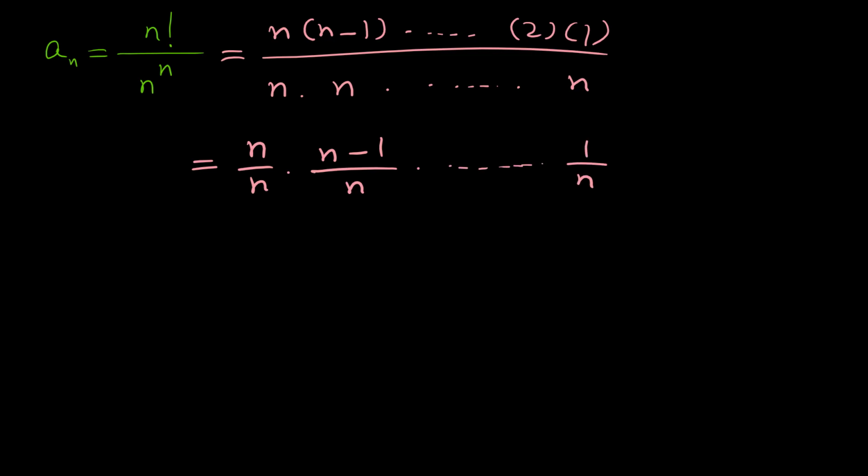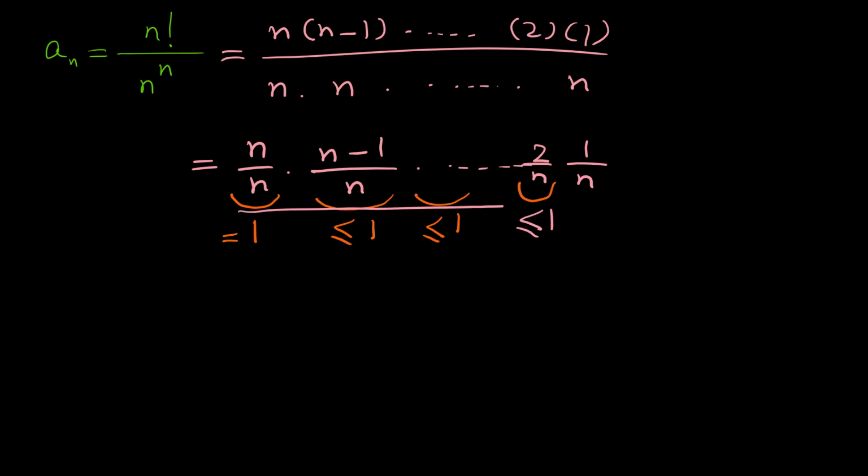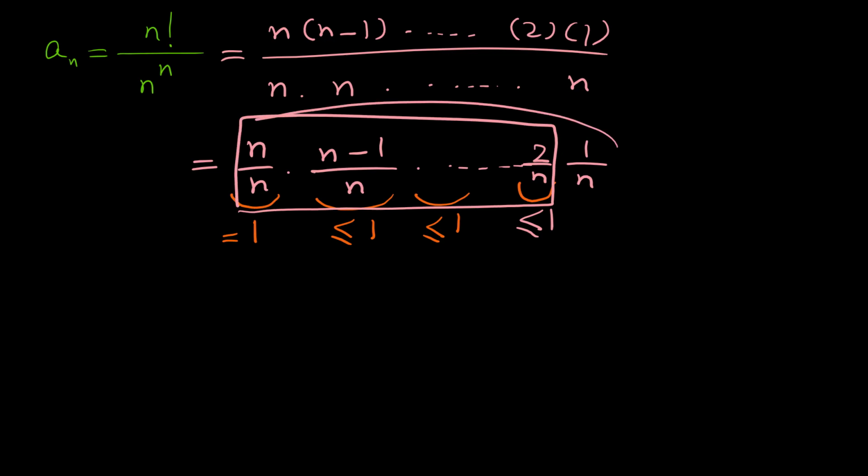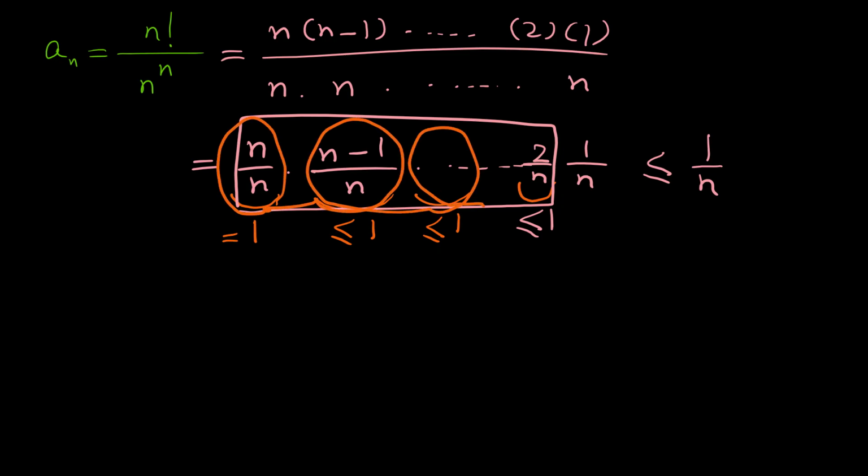If you pay attention, the first fraction is equal to 1, but the next fraction is less than 1. The next one is less than 1. The term before the last, which is 2 over n, and because n approaches infinity, this is less than 1 as well. So because all of these terms are less than 1, we can conclude that all of this is less than 1 over n. Let me explain this again. This is 1, but this is less than 1, less than 1, less than 1.